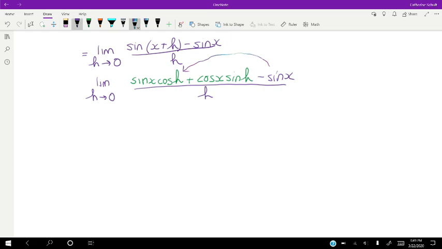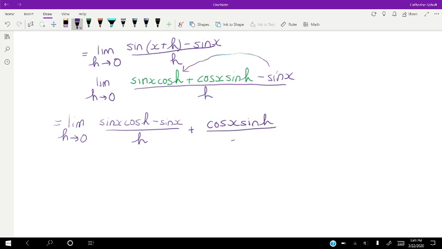So we're looking at this. I'm doing a rearrangement and separating out our fractions. So we're looking at sine x cosine h, and then I am rearranging. Then I'm going to put that over its own h, and then I'm going to add the remaining fraction.